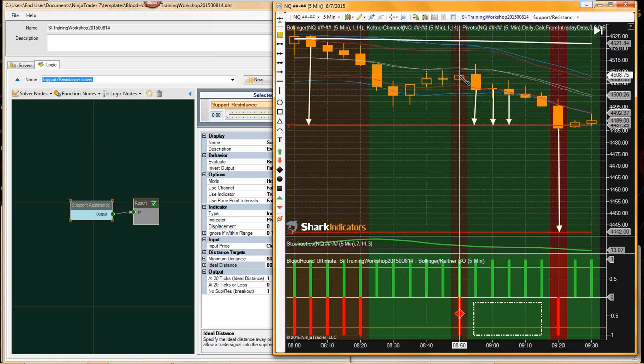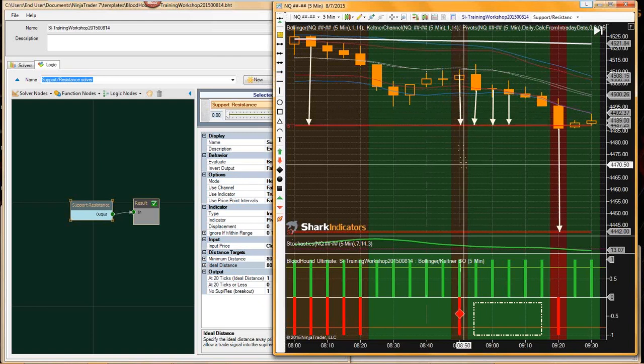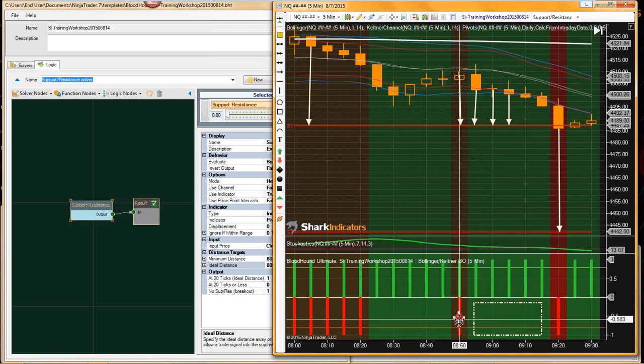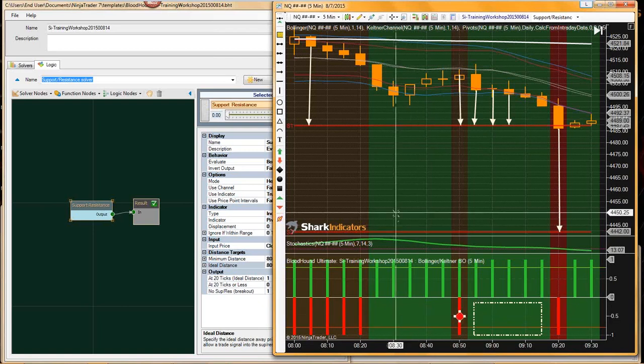However, right here, the closing price of this bar is more than 80 ticks away. So that's why we have a short output here. The short output is saying that there's enough distance to take a short trade into support. There's enough distance, so it gives us a short output, and the short output is the permission to take a short trade.